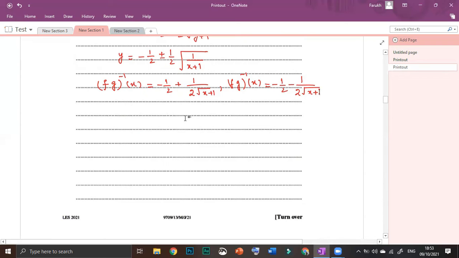We will write down NA under this and we will box this one because this one is the inverse function according to the given domain.